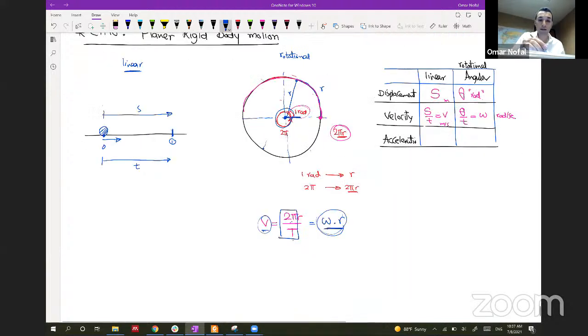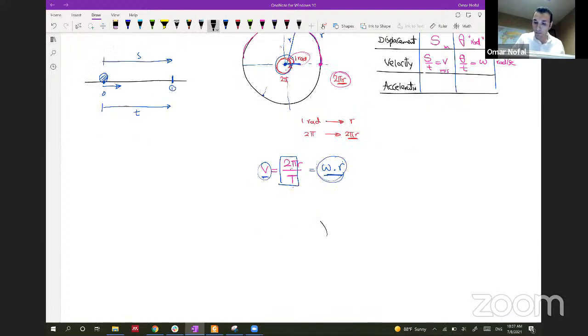So let's draw this circle again. Also, it's not a perfect circle. Let's assume this is the center, and we know omega, which is 2 pi over t. So the velocity will be something like this, in this direction.